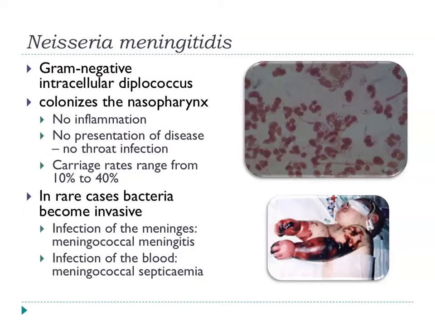Now, in probably 99 cases out of 100, maybe 999 cases out of 1,000, the meningococcus just sits there and does nothing. But in rare cases, these bacteria become invasive, and they infect the meninges and cause meningococcal meningitis, or they infect the bloodstream and cause meningococcal septicaemia. And this image here is what you sometimes see in the most severe cases.